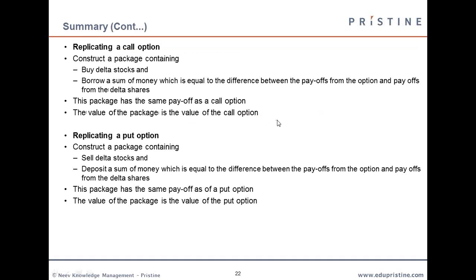And then in case of replicating a call option, we form a portfolio by buying delta shares of stock and borrowing a sum of money for that. While in case of put option, it's the opposite. We sell delta shares of stock, and the money that we get, we deposit in a risk-free investment.